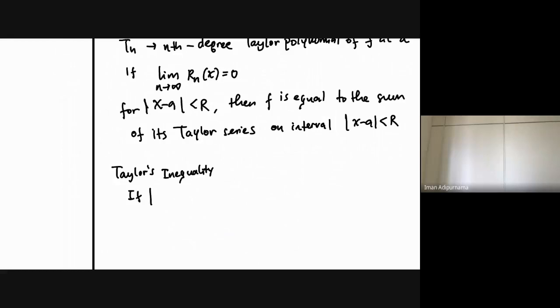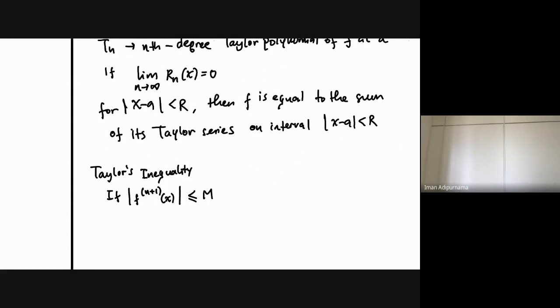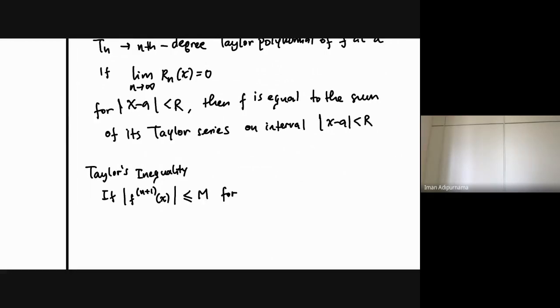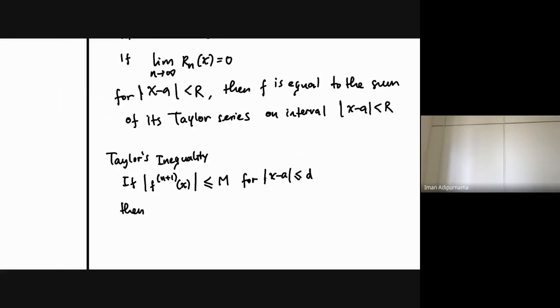So if we have the absolute value of the derivative of the function less than some value M, for the interval |x minus a| less than d, then the Rn satisfies the following.